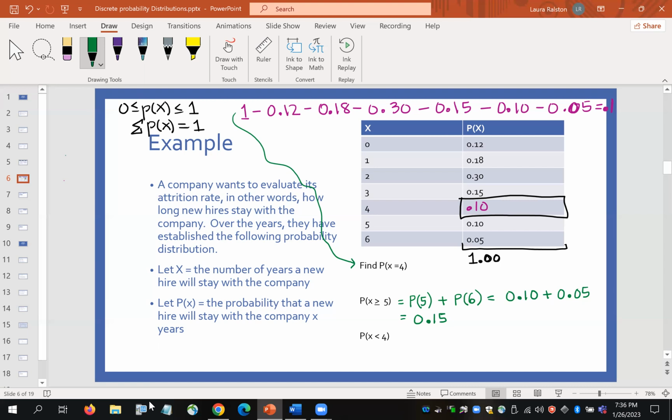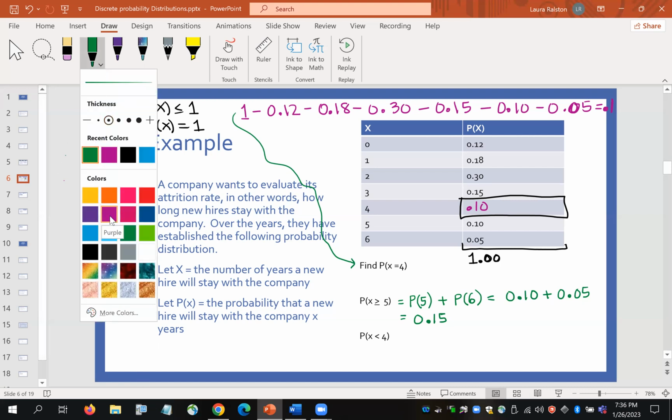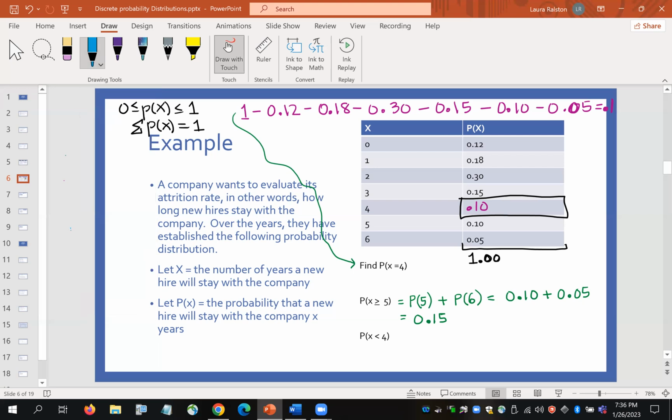I am calculating the probability of a particular event using the information in the table. Be extra careful reading the values. The next one says, what's the probability X is less than 4?